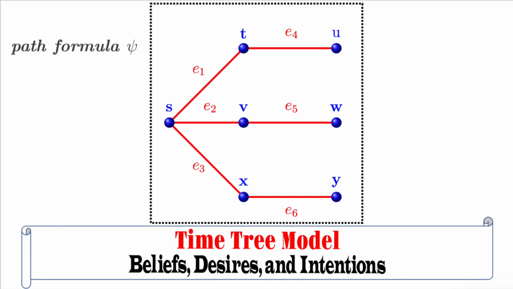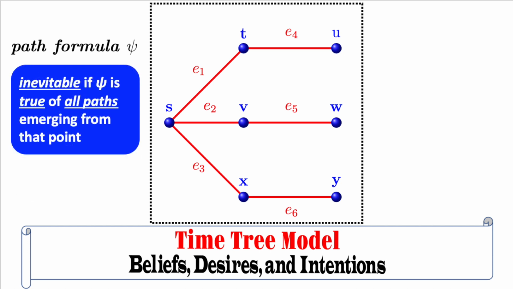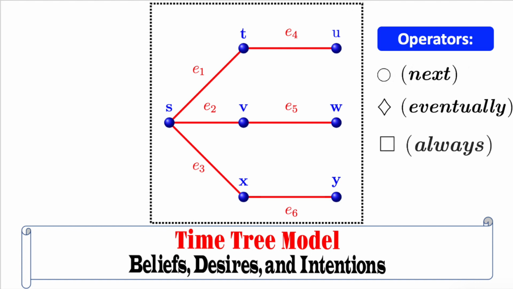A path formula psi is treated as optional if, at a particular time in the time tree, psi is true of at least one path emerging from that point. A path formula psi is treated as inevitable if psi is true of all paths emerging from that point. The standard temporal operators next, eventually, always, and until operate over state and path formulas.